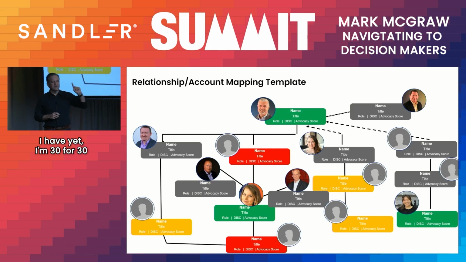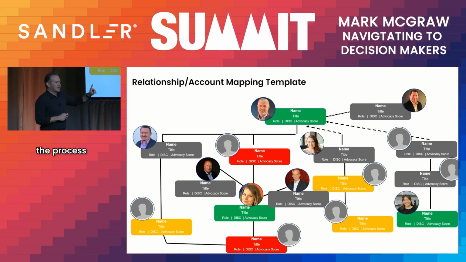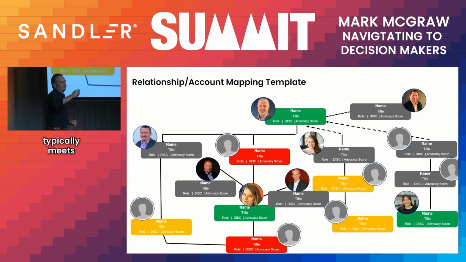I'm 30 for 30 when we build it and we go through the process of finding something significant within the account that we were going to miss had we not gone through the mental exercise of building out a relationship map. It might be the seller typically meets with the VP of finance, and yet we realize that we haven't identified who that person is or met them.